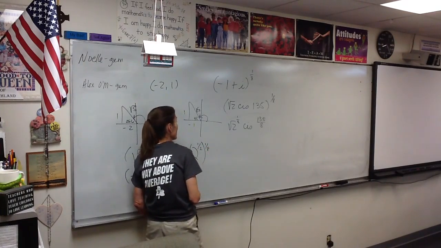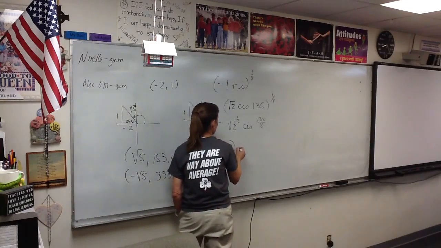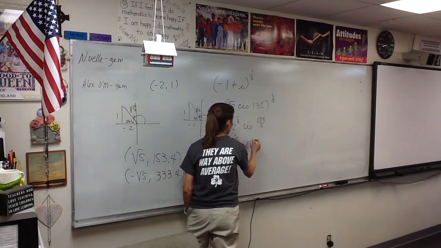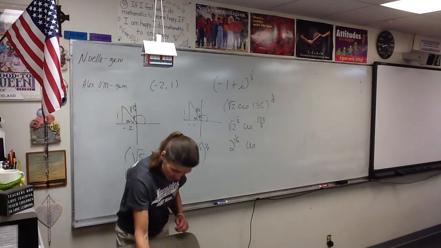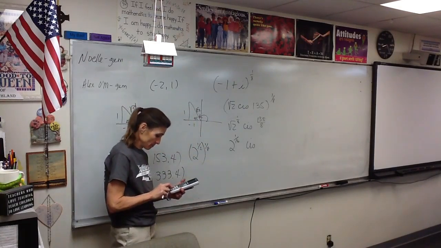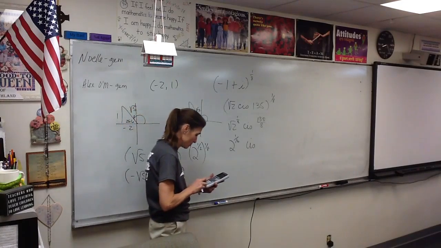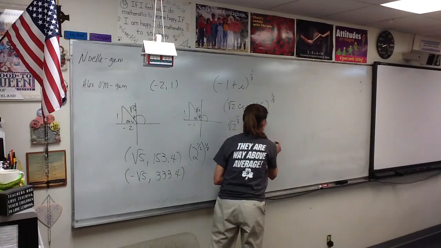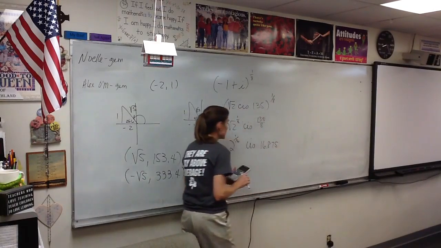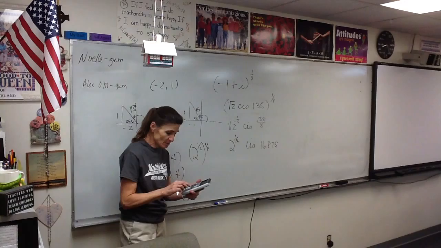So if we're going to write that with one exponent, it would be 2 to the 1/16. And then I don't know what 135 divided by 8 is. 16.875. So there is my first answer.